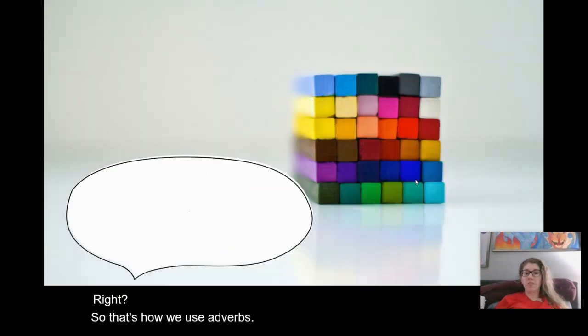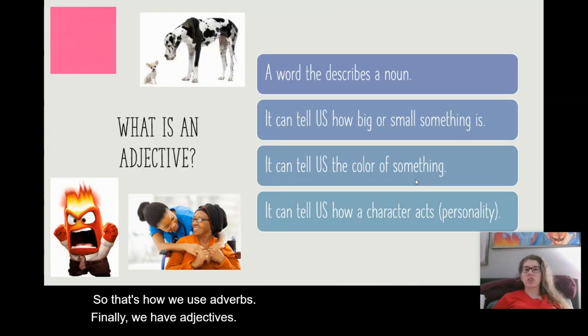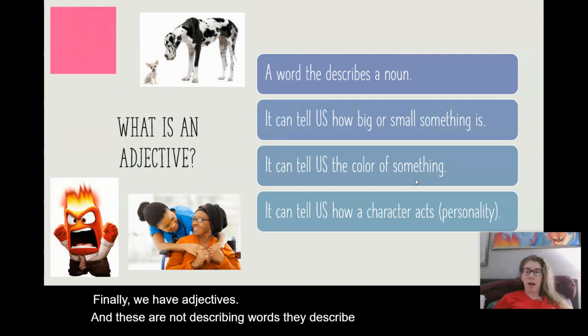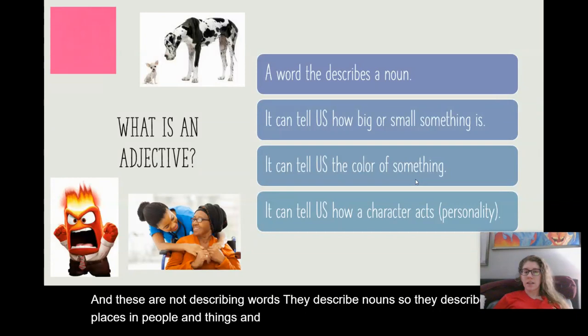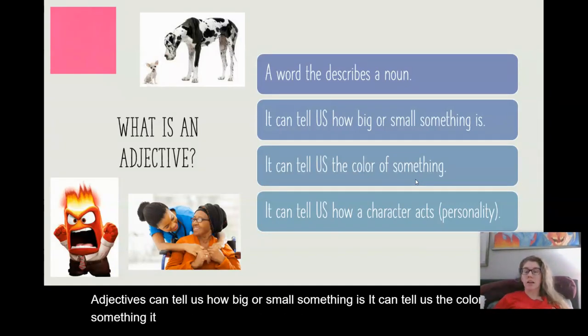Finally, we have adjectives. And these are the describing words. They describe nouns. So they describe places and people and things and ideas. Adjectives can tell us how big or small something is. It can tell us the color of something. It can also tell us how a character acts, what their personality is.